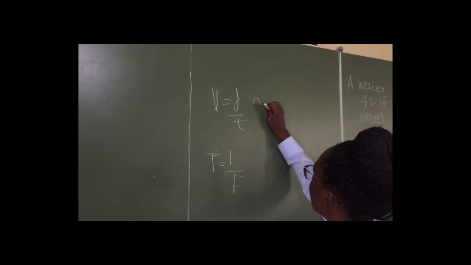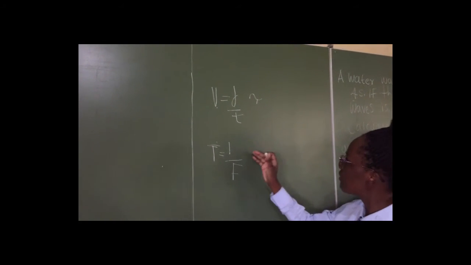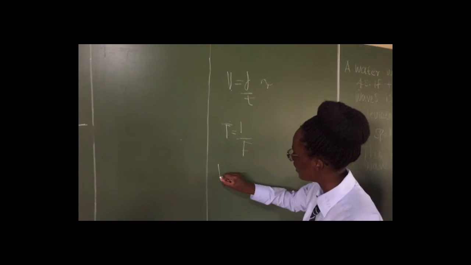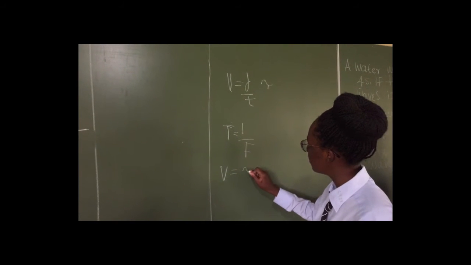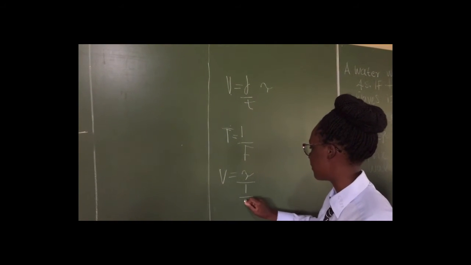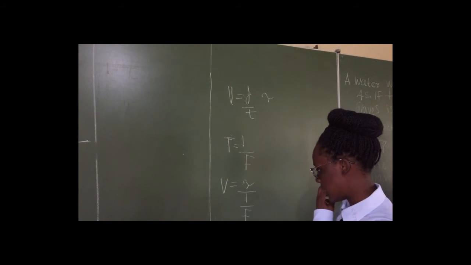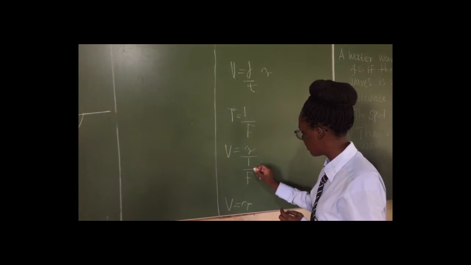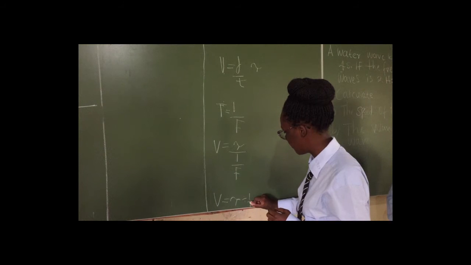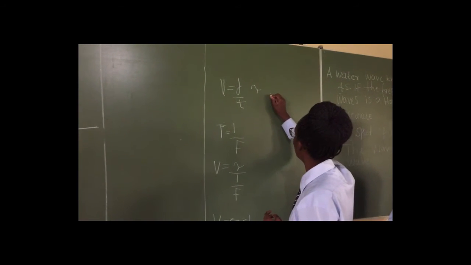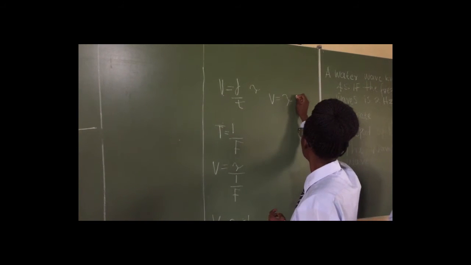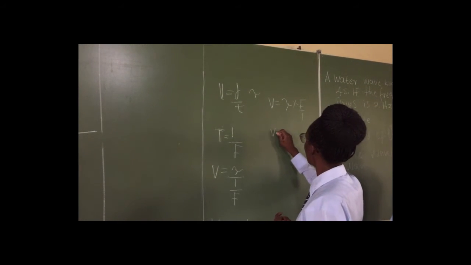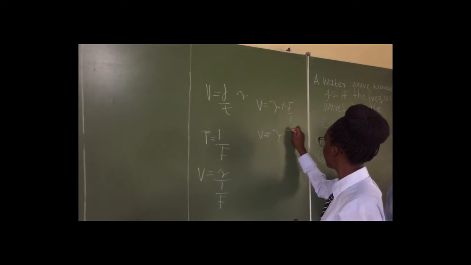We therefore substitute distance with lambda and T with 1 over f, so as to get velocity is equal to lambda divided by 1 over f, getting our wave formula as lambda times f over 1, which is velocity v equals lambda f.